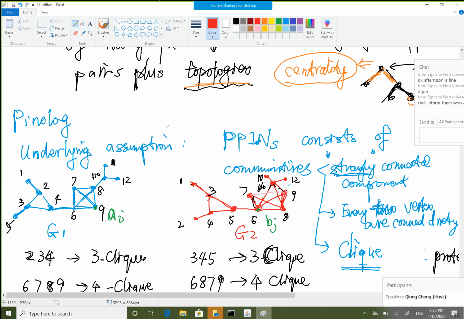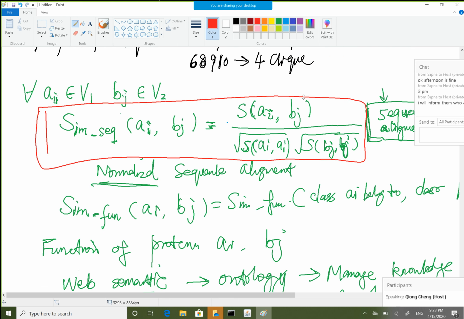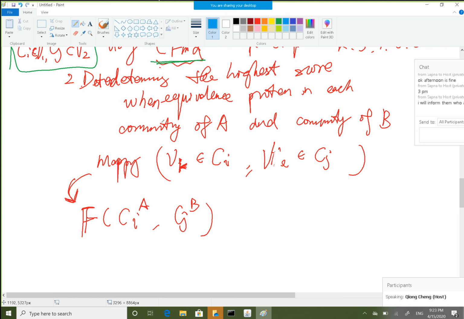So for every pair of cliques, they map the clique pairs. Can you see here? So this is for mapping the, let me write it down here. I use a different color. This is for mapping cliques. Map the vertices in cliques, and these cliques are from A and B.